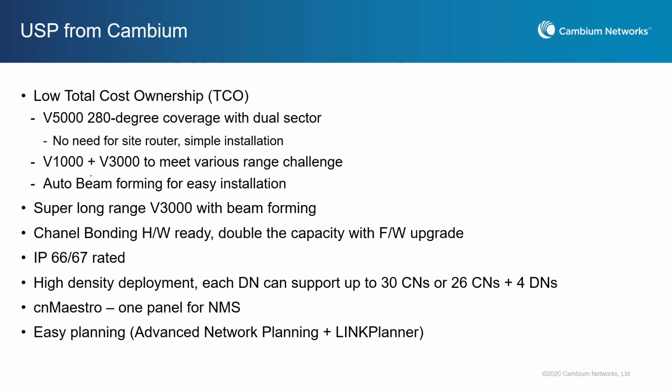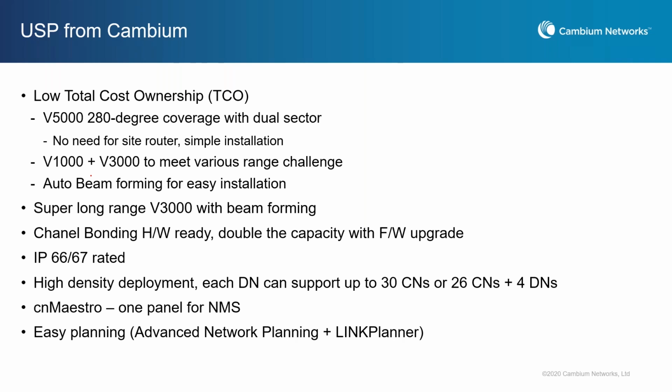But when we move to 60 gigahertz, one big difference is that 60 gigahertz is short range. If you want longer range, you need to use mesh and use the network to backhaul itself to grow. So a lot of sites will be relay sites because you use mesh to grow it. On many poles, if you only have a 90 degree or even a 120 degree radio, you need more than one radio because you want to grow the network.